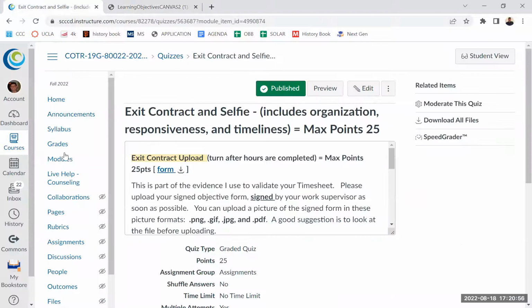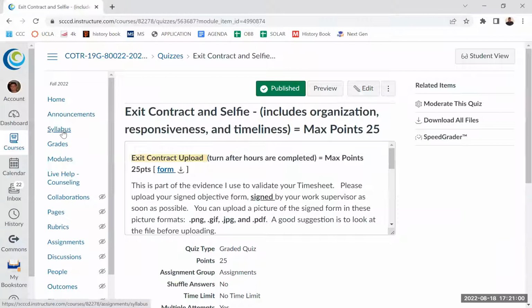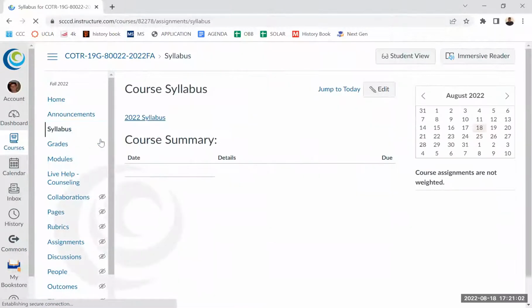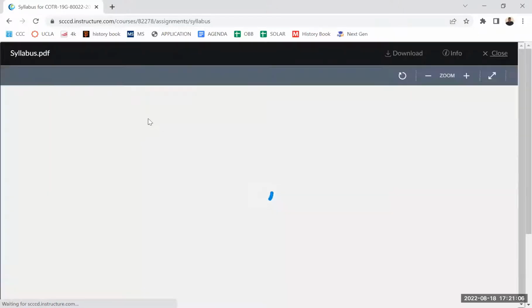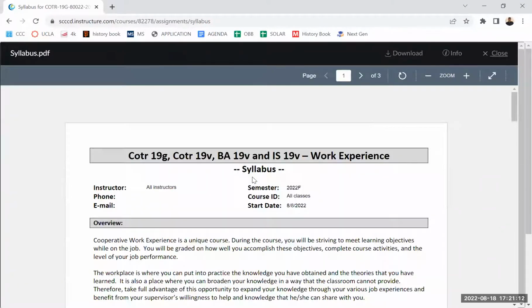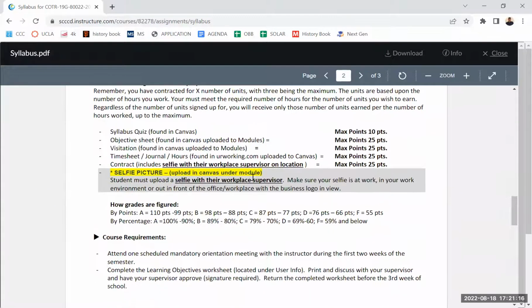Let's go over exactly what that looks like. That was in the syllabus. So for your selfie, preferably it's going to be your place of employment with some sort of signage in the background or in the picture, if possible. Try and get it with your supervisor, manager, and or coworkers. It needs to be in your work environment.